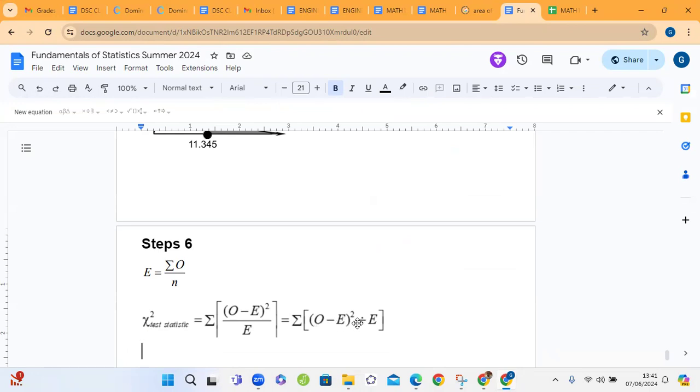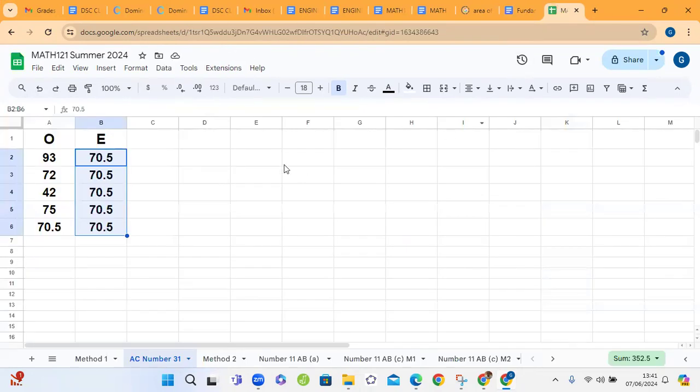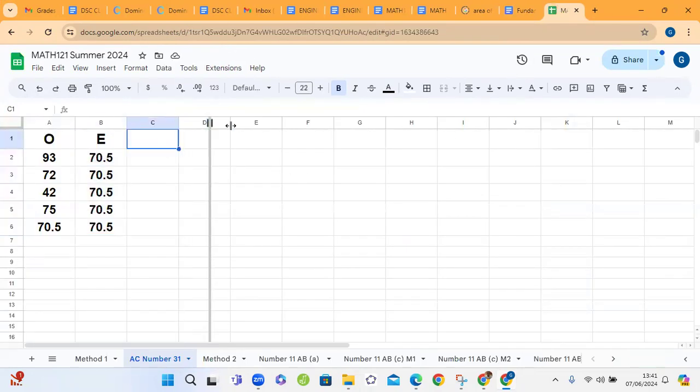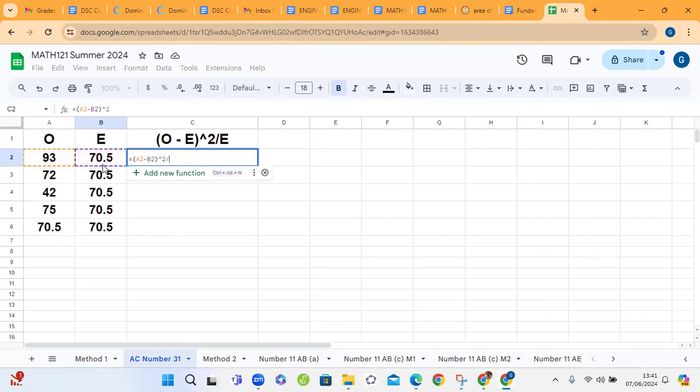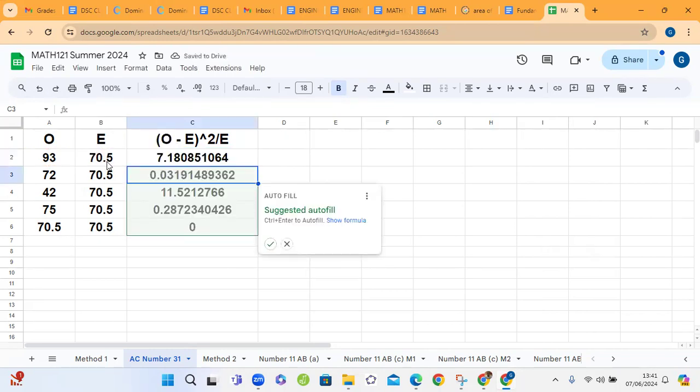So let's do the O minus E all squared divided by E in this column. Equal, open bracket, O minus E, close bracket, all squared divided by E. So that's our first chi-square, control, enter.